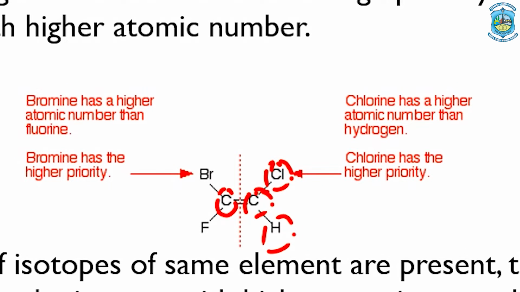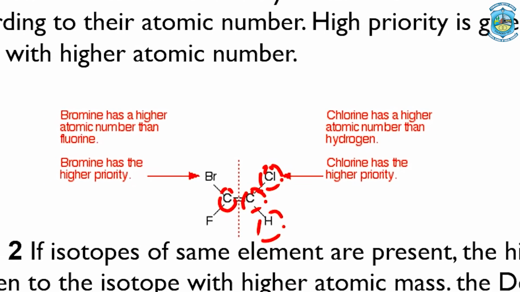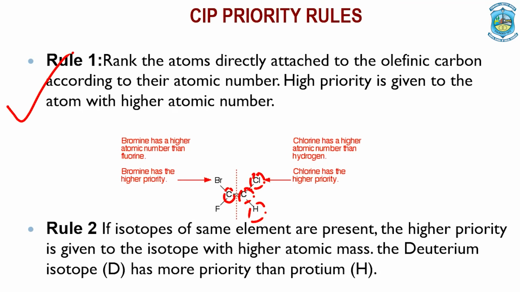As you know, fluorine has atomic number 9, and bromine has a higher atomic number than fluorine. So, the first rule says that the substituents directly attached to the double bonded carbon are given priority on the basis of atomic number.